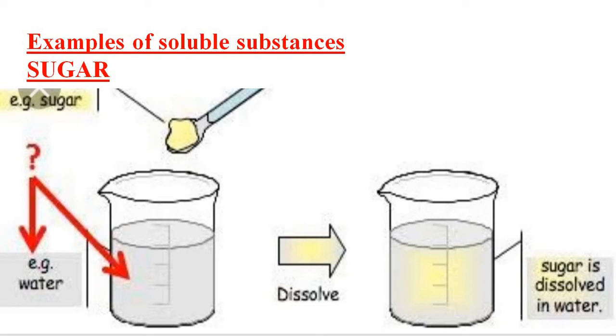Add a spoon of sugar and mix it into the glass of water. Stir it. After stirring for some time, we see that sugar completely dissolves into the water and disappears. So, sugar is a soluble substance.